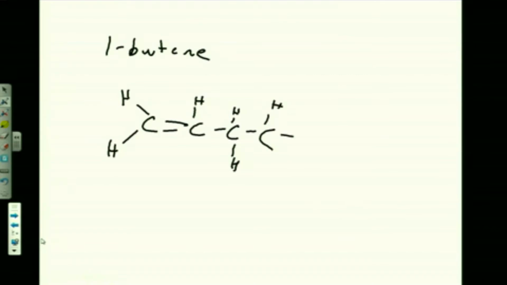Sometimes double bonds do not have cis and trans isomers. Oh, my goodness, my drawings are terrible. This molecule cannot have cis and trans isomers.